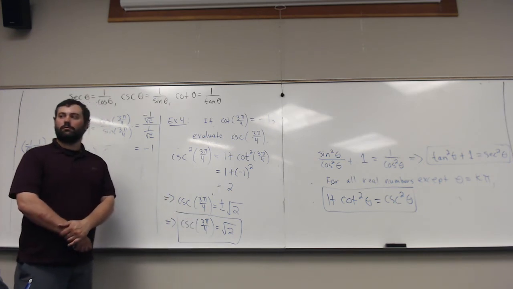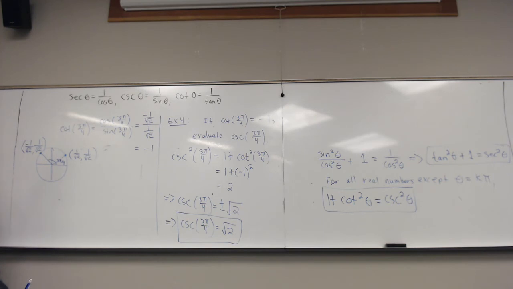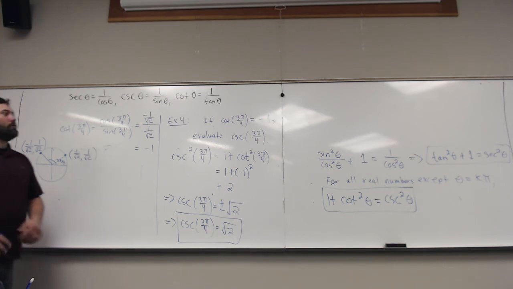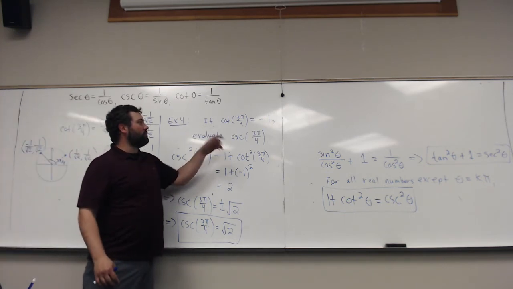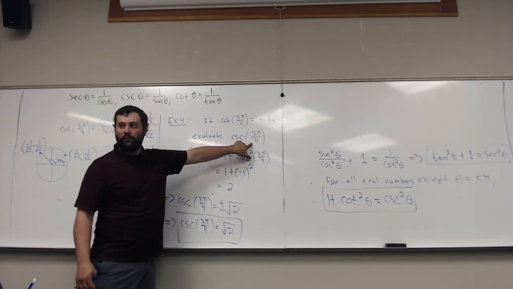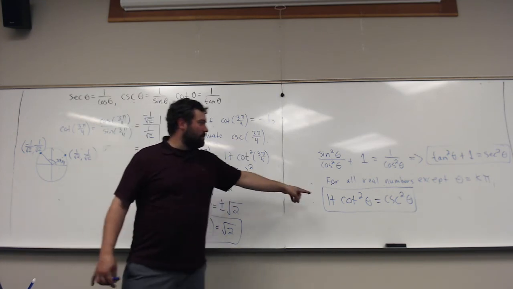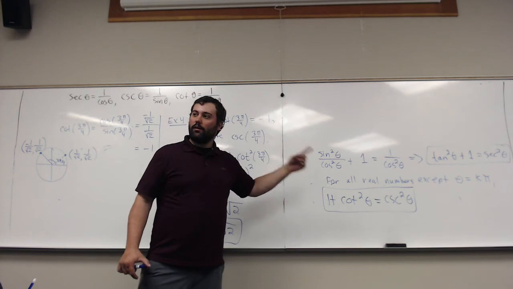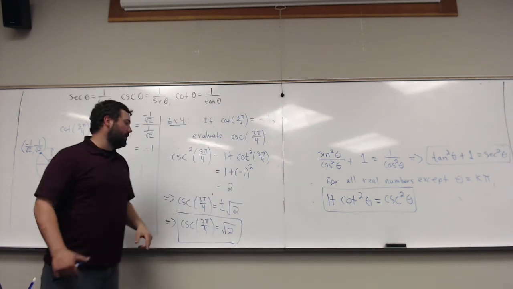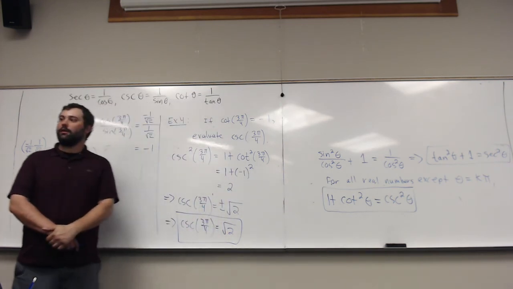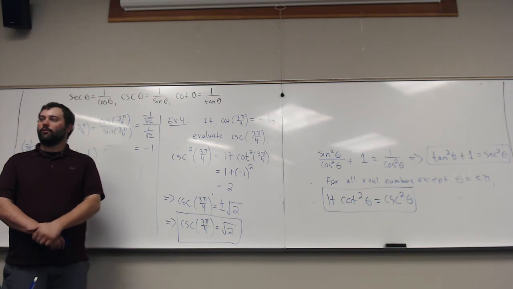Wouldn't the only way it would change be if you're trying to find sine? Well, if everything was the same except I was finding sine of 3 pi over 4, you could use this Pythagorean identity to find cosecant first, and then sine is just the reciprocal of cosecant. So it'd be 1 over root 2. Yeah, or root 2 over 2.